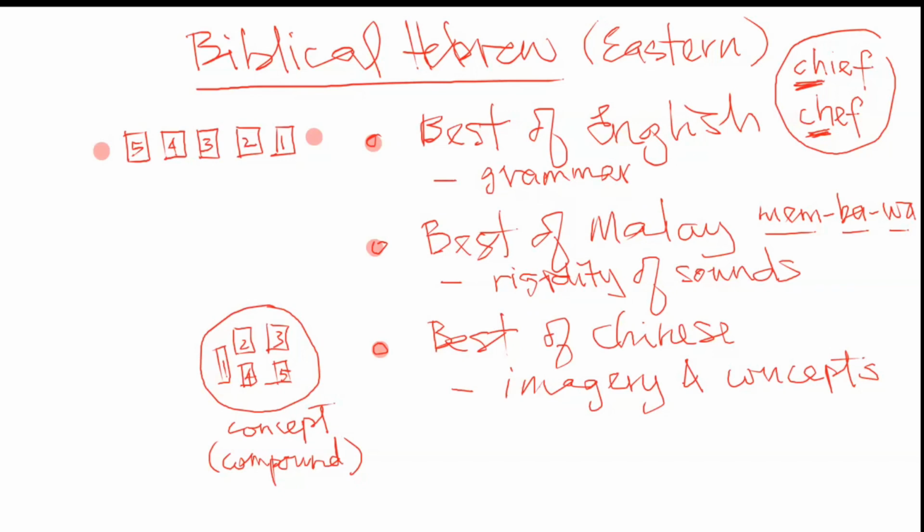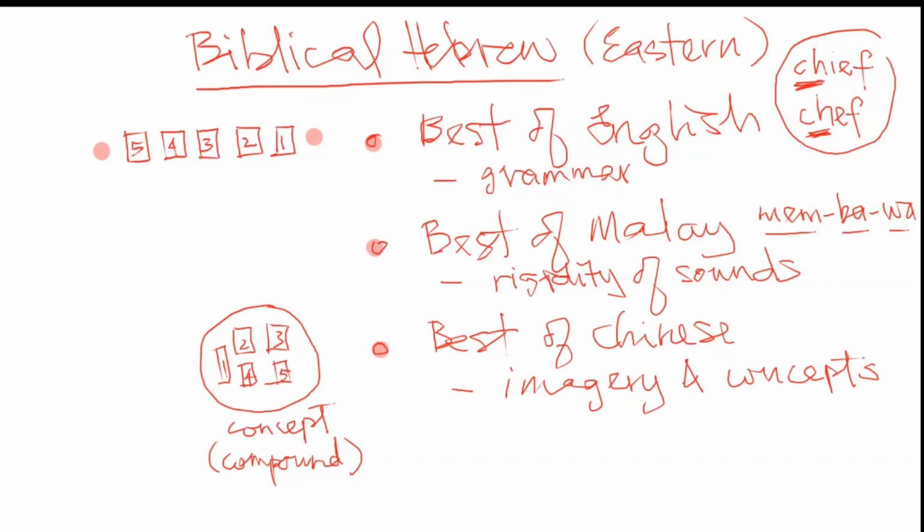You would think that God had spoken English. So you should always bear in mind that God gave his revelation in the biblical Hebrew language, and biblical Hebrew is not like English.